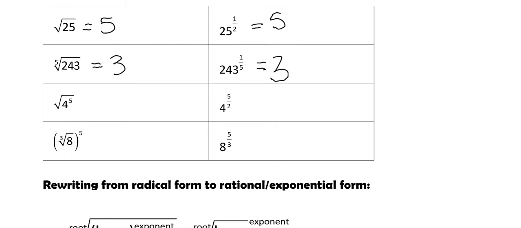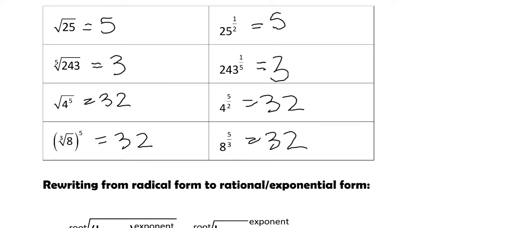The square root of 4 raised to the 5th power is equal to 32, and 4 raised to the 5/2 power is also equal to 32. And you should start to see a pattern here. The cubed root of 8, all raised to the 5th power, is 32. And 8 raised to the 5/3 power is equal to 32.